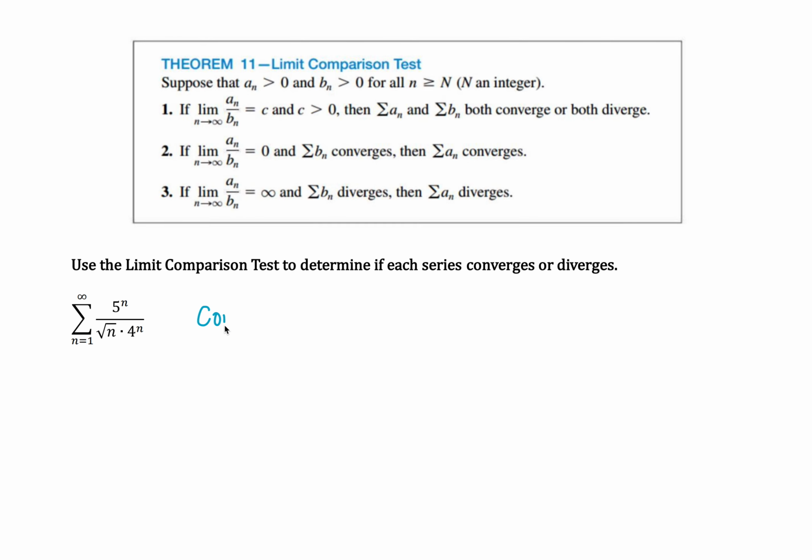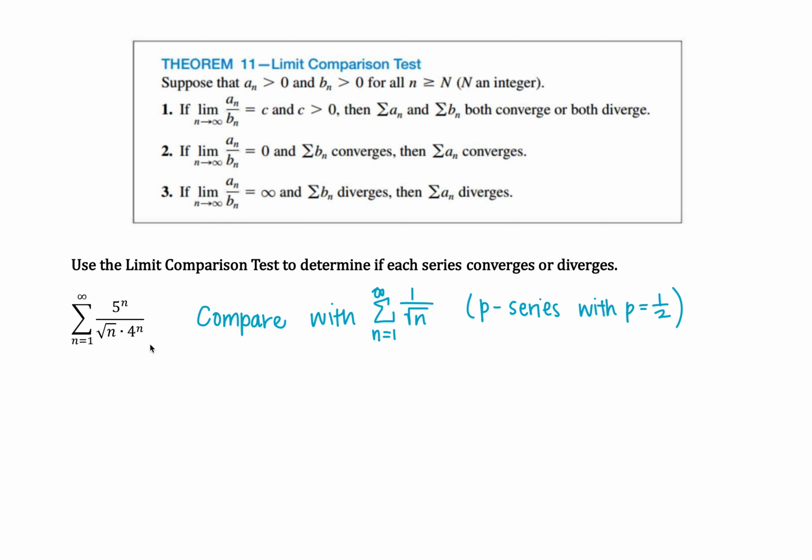This series is going to diverge because it's a p series with p equals 1/2, and with a p series, anytime the p value is less than or equal to 1, the series diverges. So my suspicion is that this one is going to diverge as well.